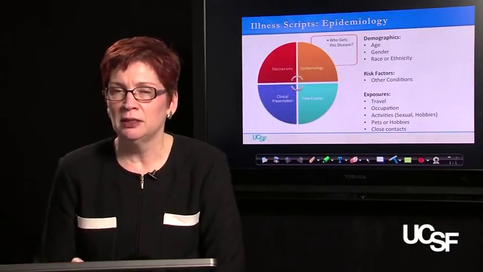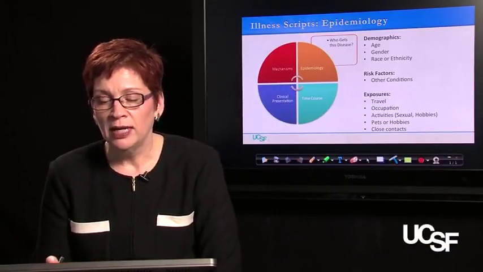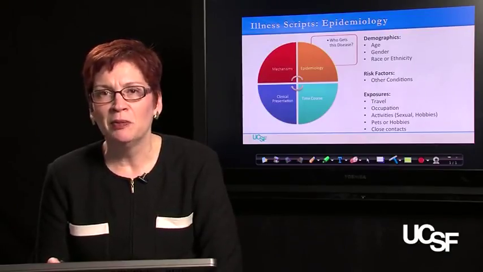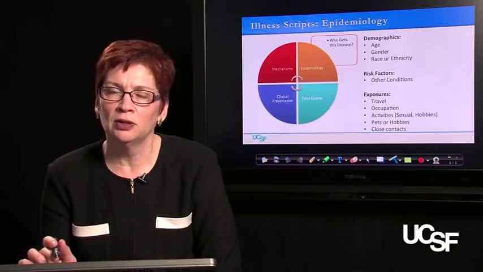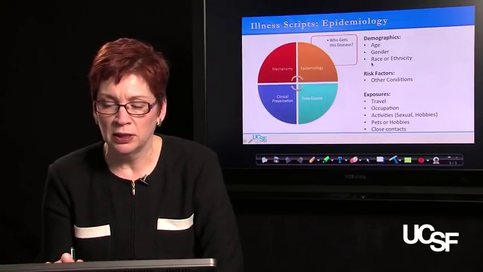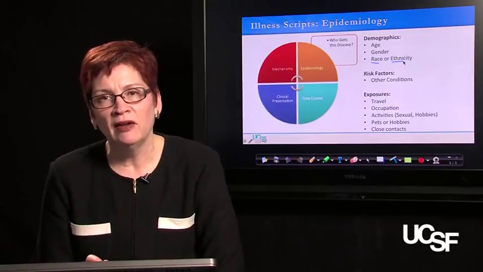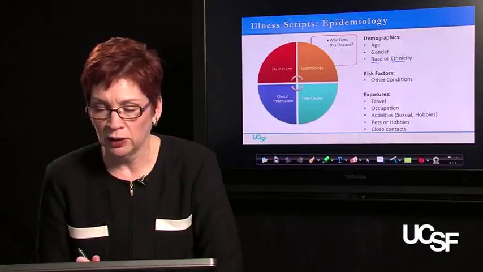Gender, there are some diseases that only women get, and some that only men get. Race or ethnicity turns out to be a more problematic issue because it's sometimes very difficult to precisely identify what diseases are linked to a particular race or ethnicity. But they have been traditionally used to describe diseases in the medical literature, so I've included it here.